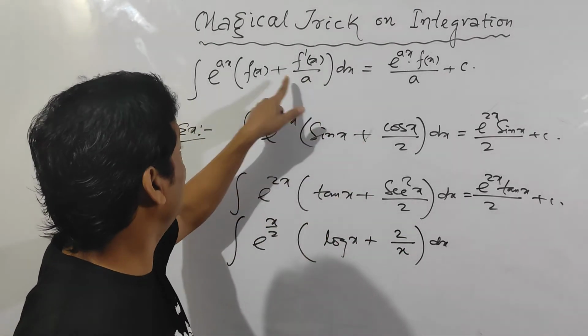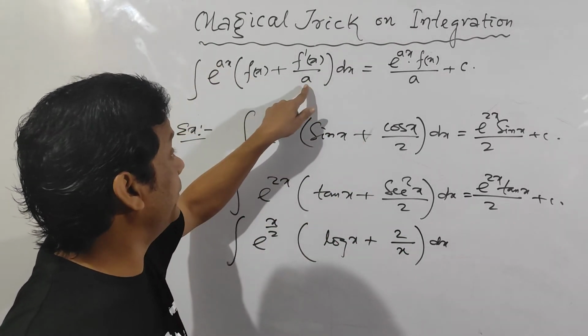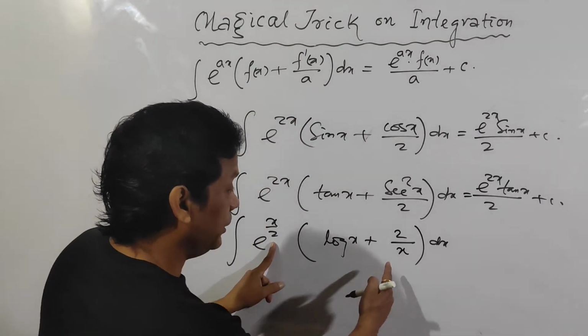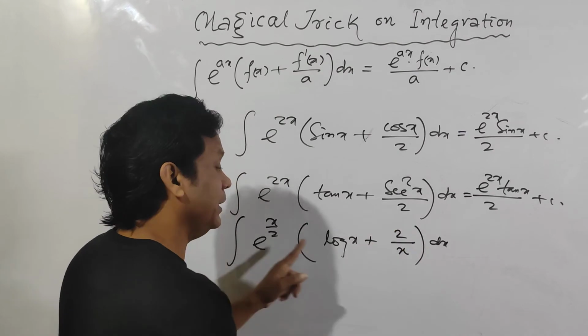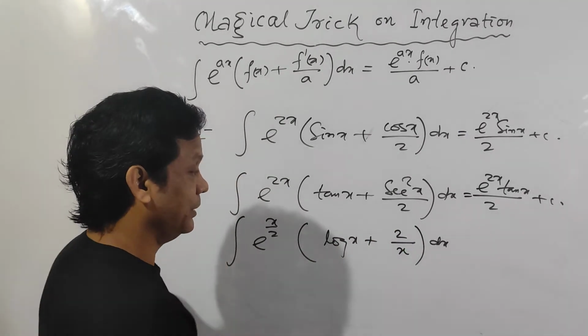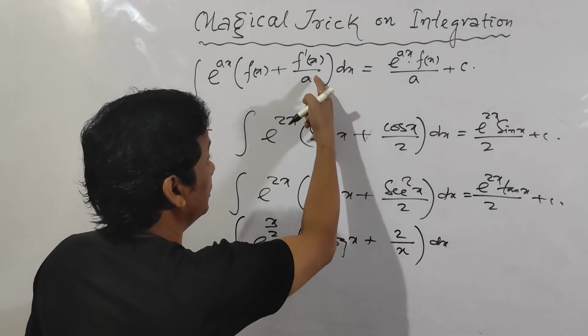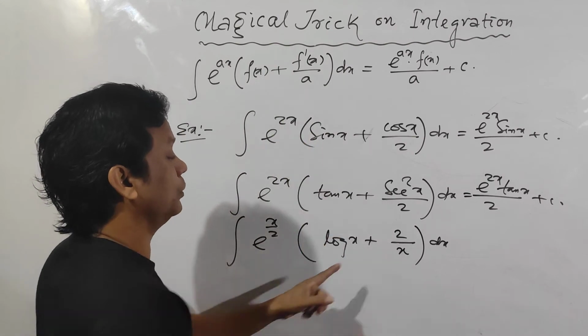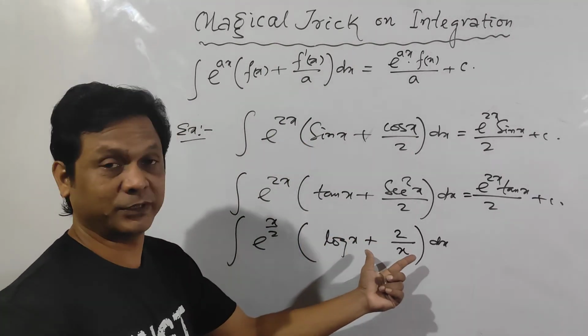And here I have told you the coefficient of x should be divided here, and here the coefficient of x is 1 by 2. In the denominator, here a is equal to 1 by 2. So if I write 1 by 2, so 2 will go to the numerator. So it is in the form.